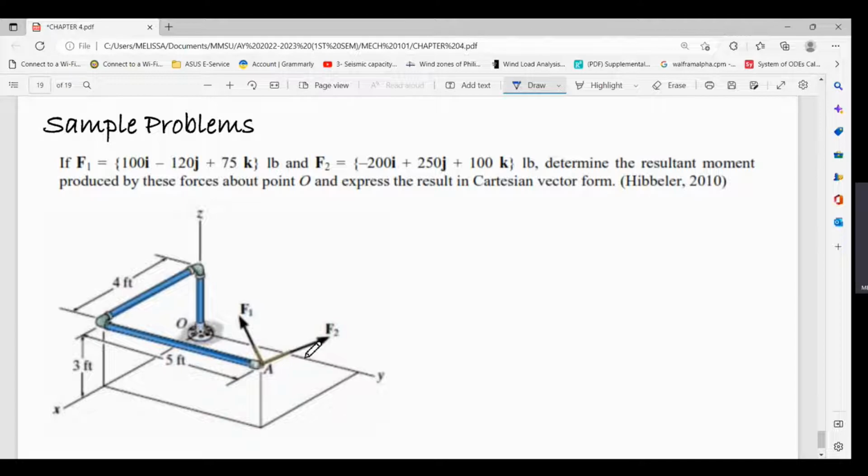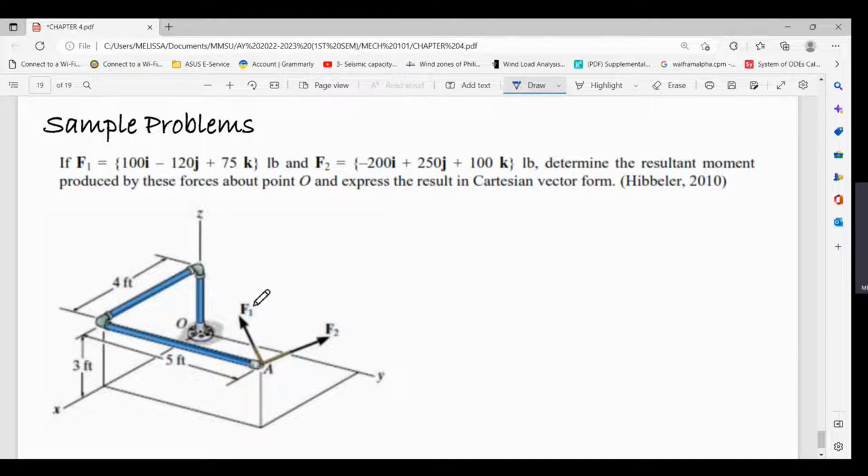So what we will do is to find the moment at point O. So we have here two procedures or two ways to solve for the moment at point O. Unahin natin yung first step.